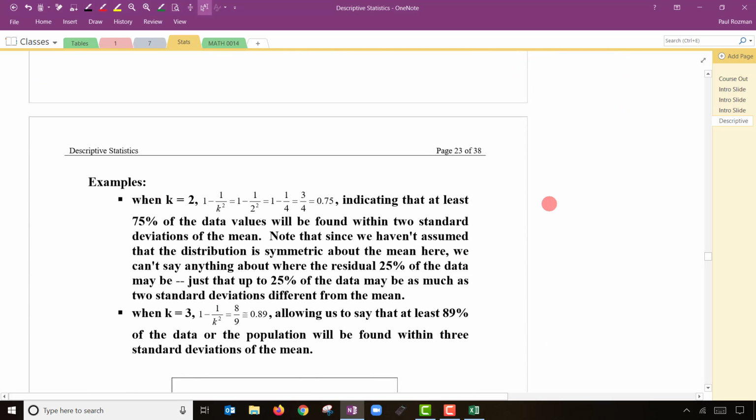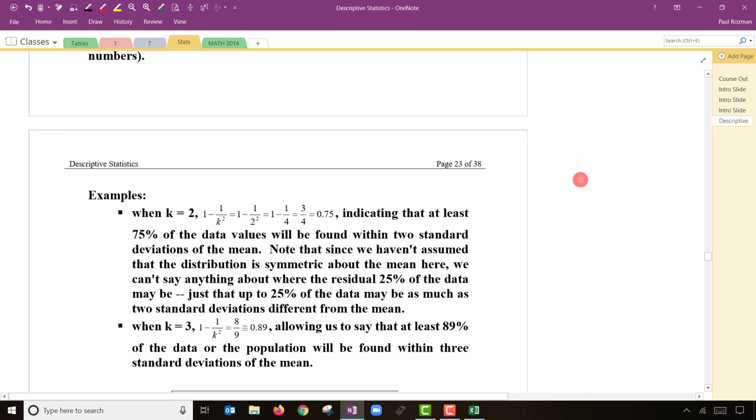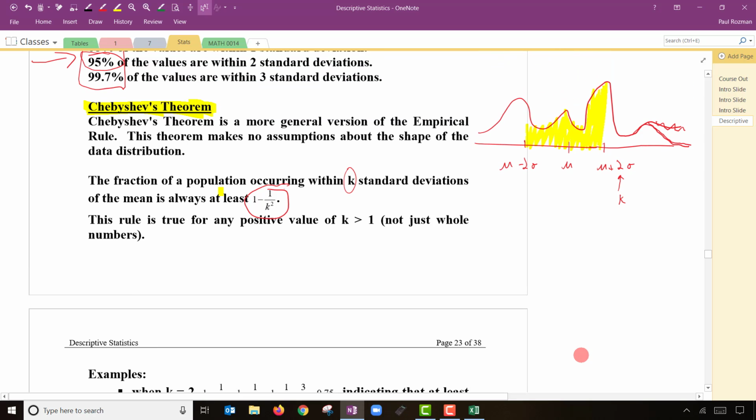So I did what happens when k is 2. Plug 2 into the Chebyshev formula, and you get 0.75. So Chebyshev is saying that the picture I drew here, this area isn't 95 necessarily. It's getting calculated to be 0.75 or 75%.